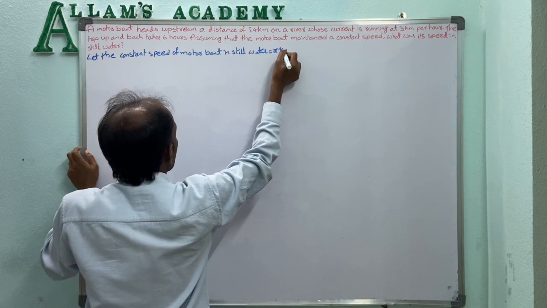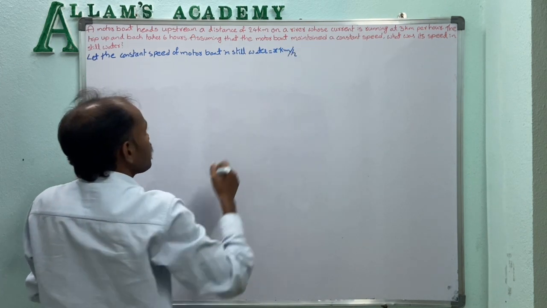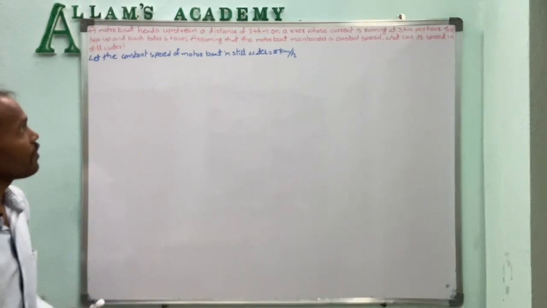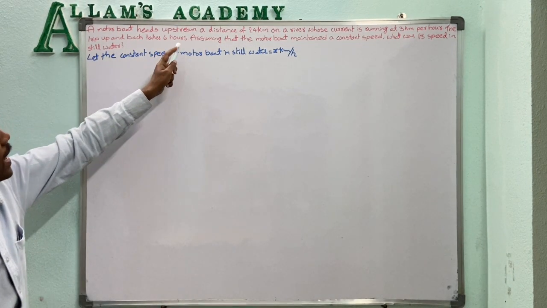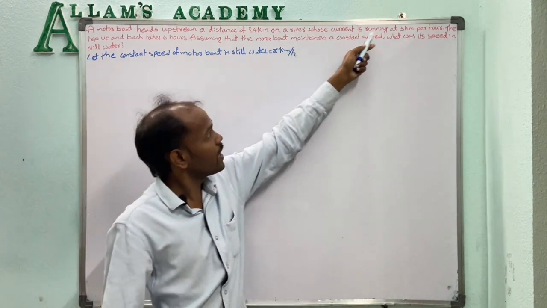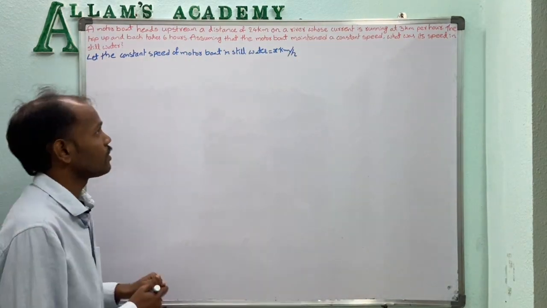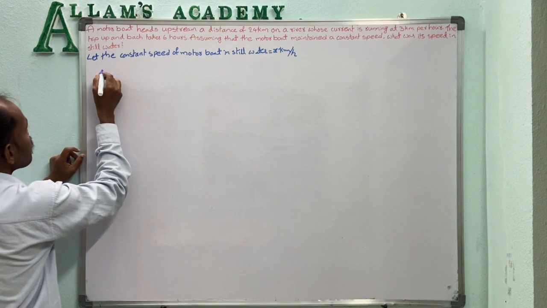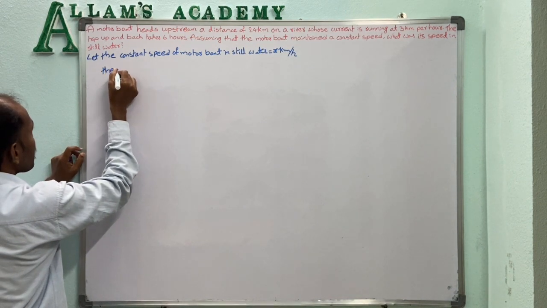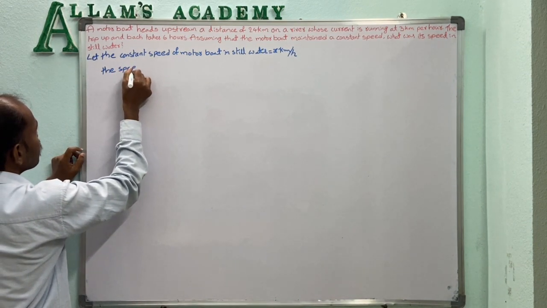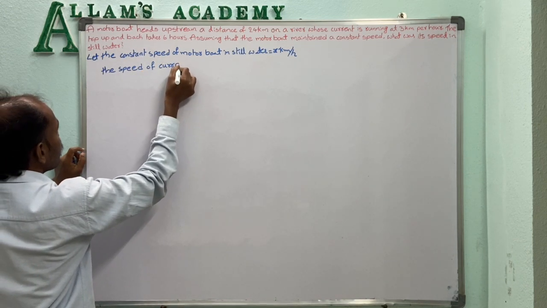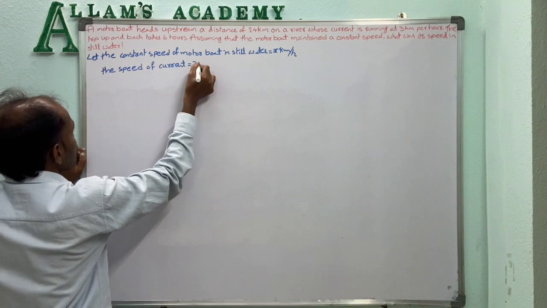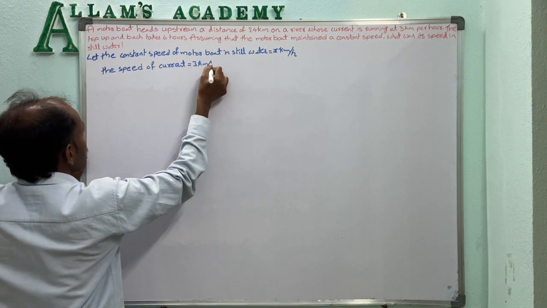equal to x kilometers per hour, and here given, so the current speed is 3 kilometers per hour. So the speed of current (3 kilometers per hour).